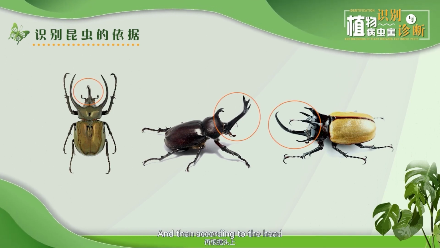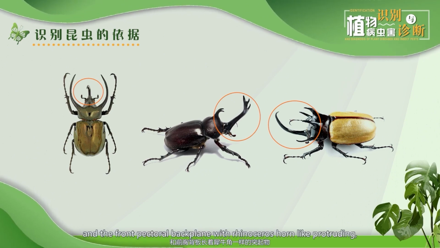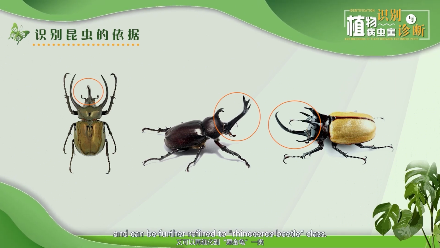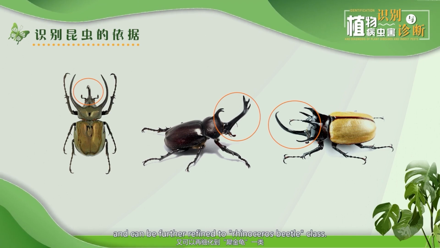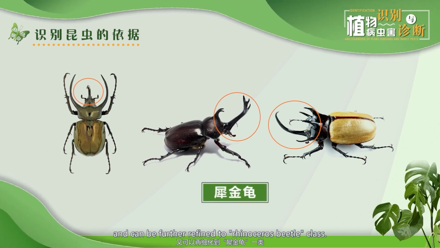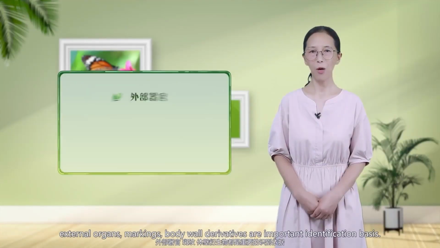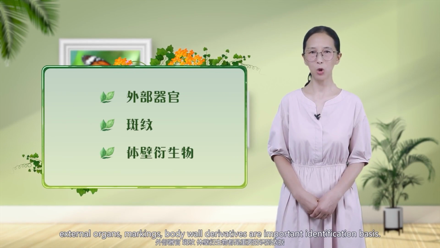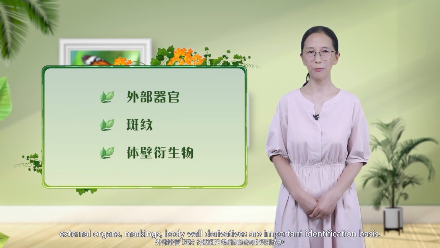And then according to the head and the front pronotum with rhinoceros horn-like protrusions, they can be further refined to the rhinoceros beetle class. Therefore, external organs, markings, and body wall derivatives are important identification bases.